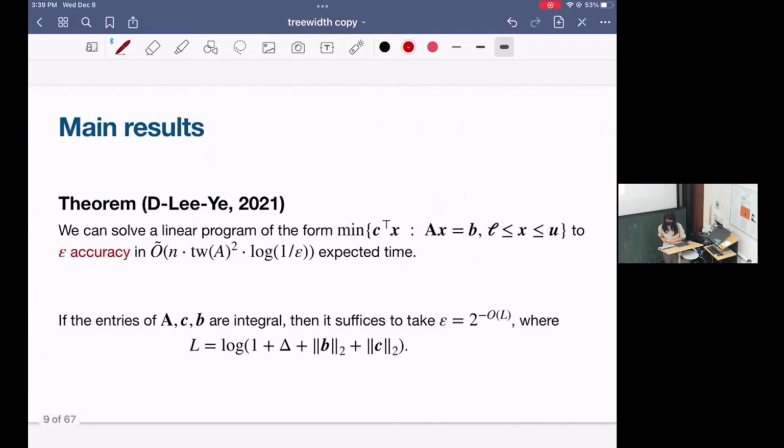Let me process. Okay, this is to have an accurate solution. Exact solution. Exact solution. All right.